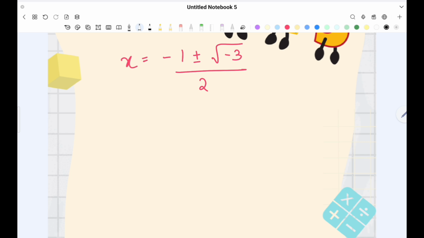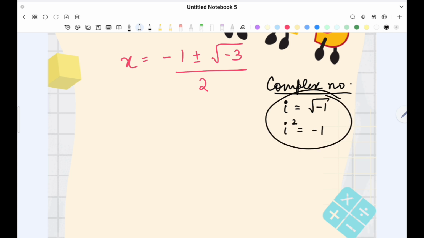I hope you are familiar with the concept of complex numbers, where we have negative roots. Let me make you familiar with some basic concepts of complex numbers. i is equal to under root minus 1, whereas i square is equal to minus 1. If you know this much of complex numbers, then you can solve this question further.